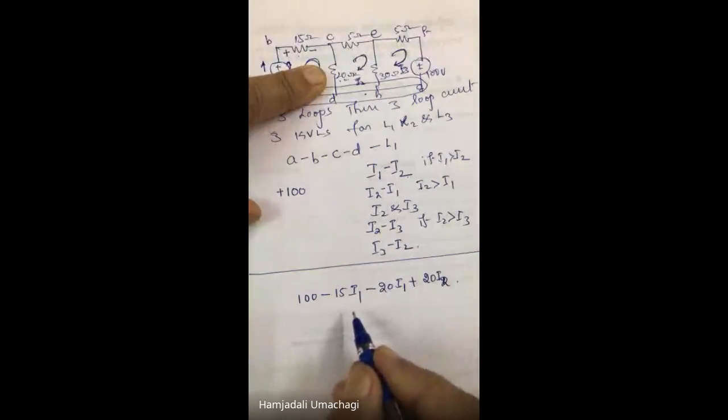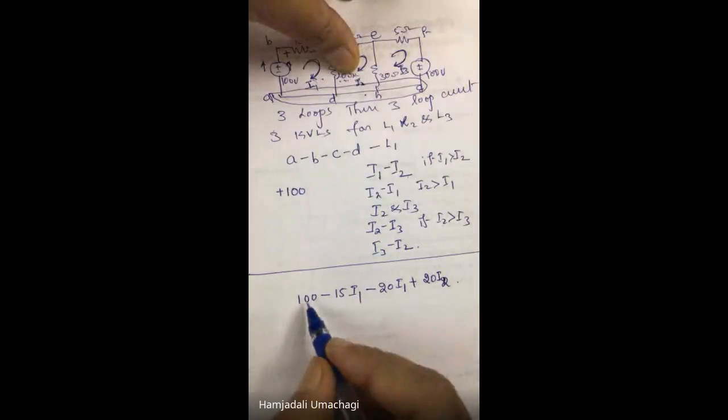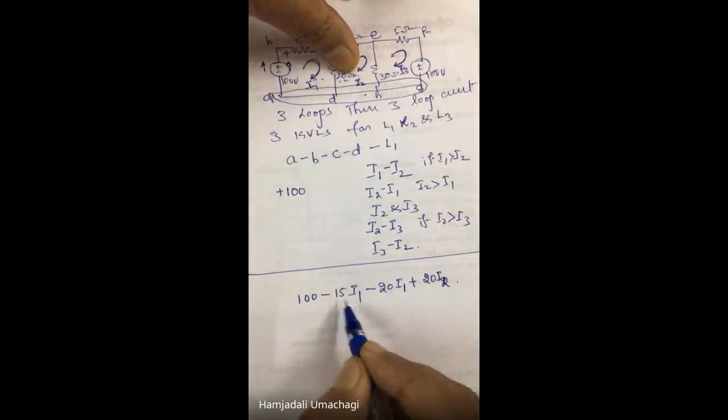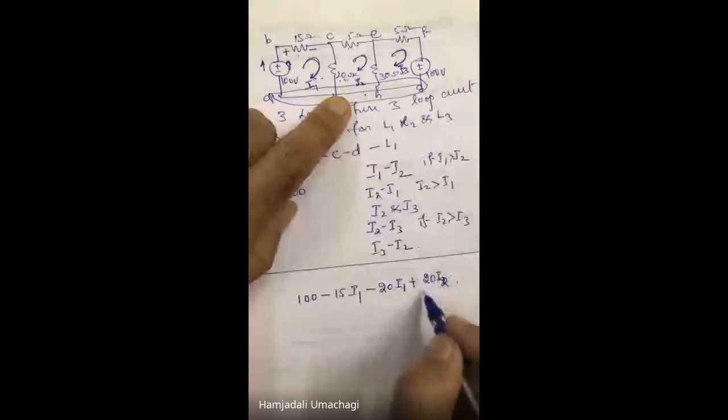Getting it? See here, in our first loop, current I1 is flowing through the 100 volt source, the 15 ohm and the 20 ohm resistor. Thus it is 100 minus 15 I1 minus 20 I1. Why have we considered this part of the equation?